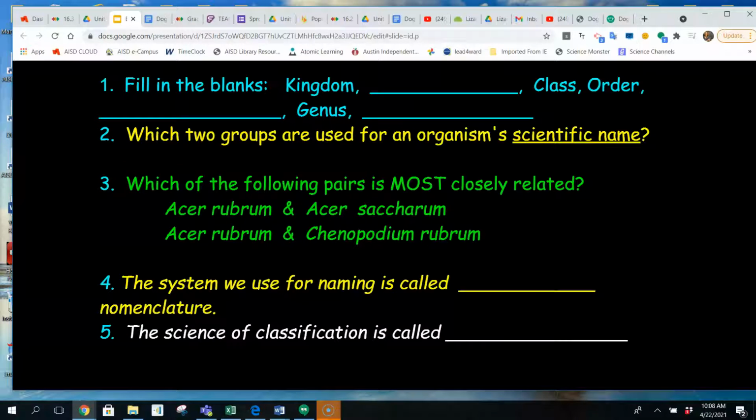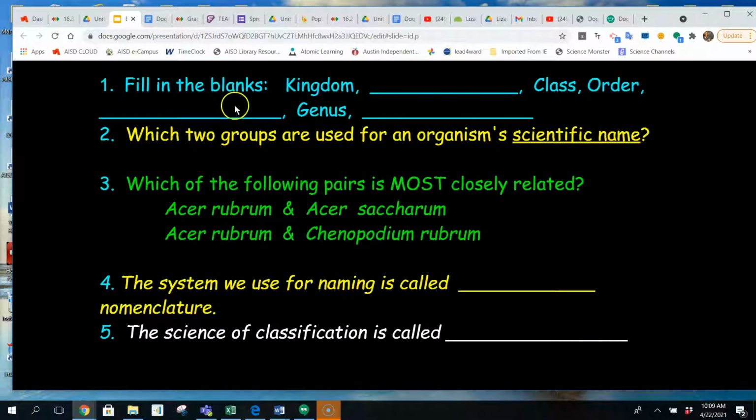Okay, so now we're going to do this fill in the blank. We just kind of talked about this. We went over that taxonomy, and we're filling this in. So remember, our sentence that we were using to help us fill this in was, King Philip came over for good or great soup.